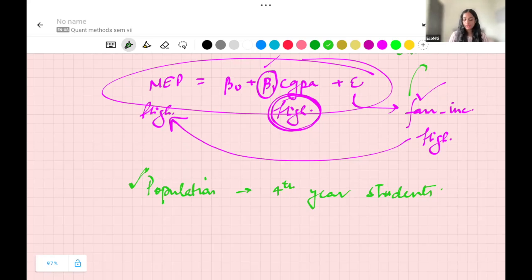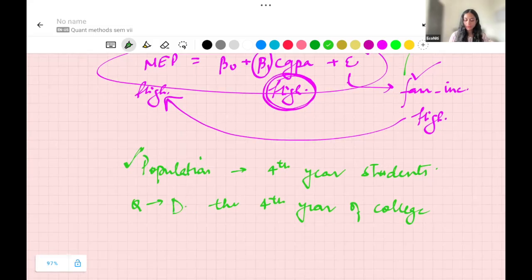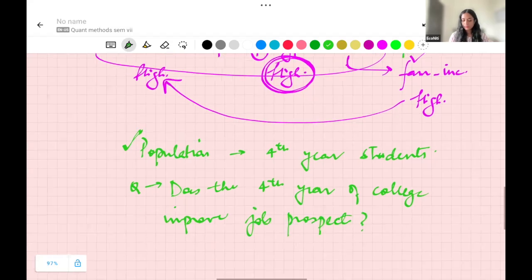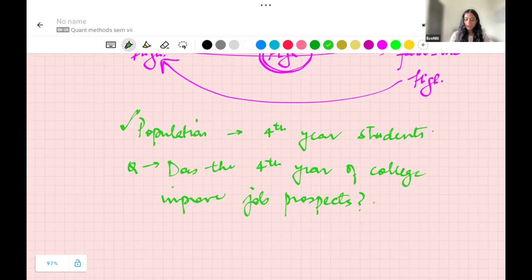Suppose this is your population, and the question that you're asking is, does the fourth year of college improve job prospects, right? And suppose in this answer, what you do is you look at a student, whether or not she enrolled in fourth year, and then you look at whether or not she was employed by the end of it or within 1 year.